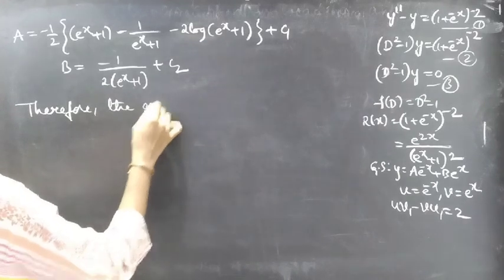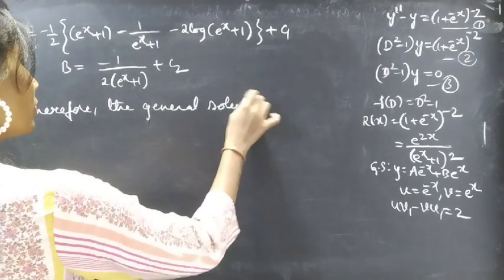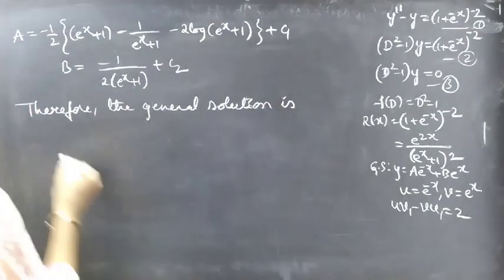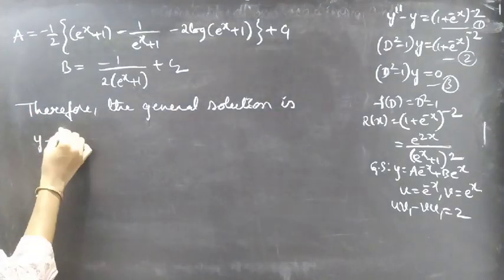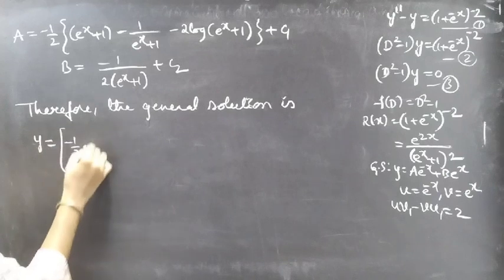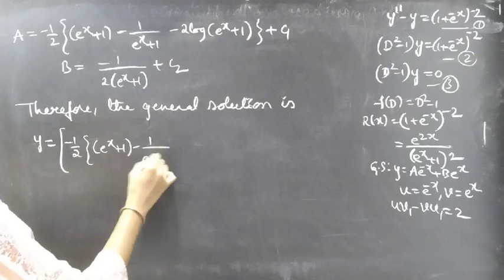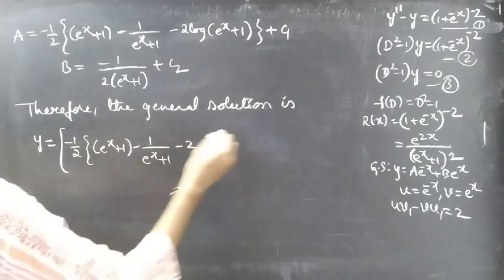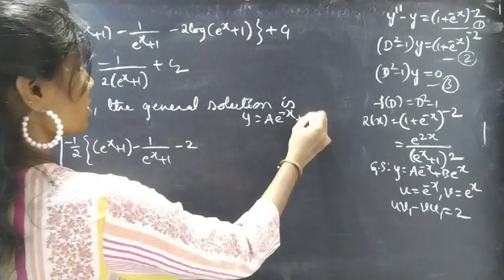Therefore, the general solution is given by y equal to a e power minus x plus b e power x.